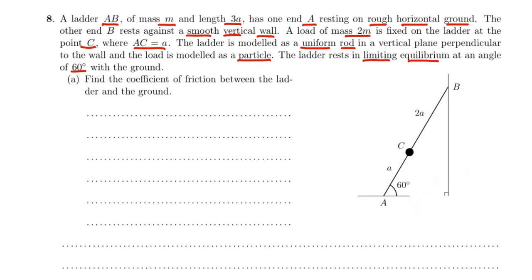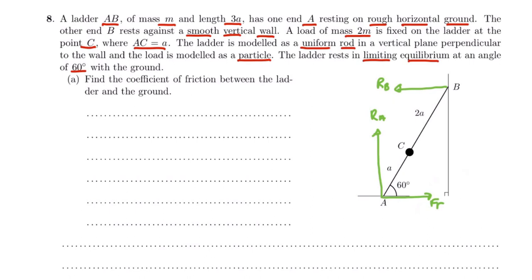So the first thing I'm going to do, as we always should do, is put on all our forces. I'm going to put them on in green. So the foot of the ladder has RA, and if this ladder is going to slip, it's going to slip to the left, so friction must be acting to the right. We've also got a reaction at B, so that's RB.